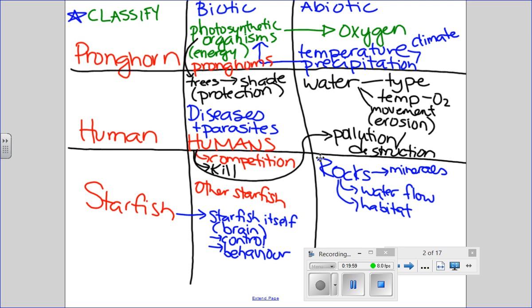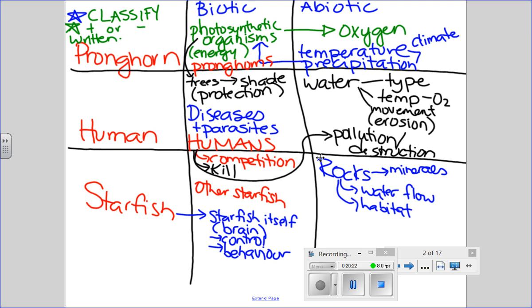I could ask you if they would help or hinder the organism. But what very probably I would ask you to do is something of a written question format where I would talk about an organism or tell you an organism and ask you to explain a factor.